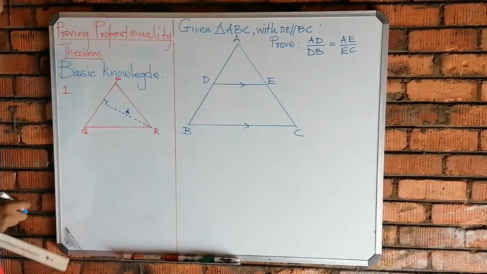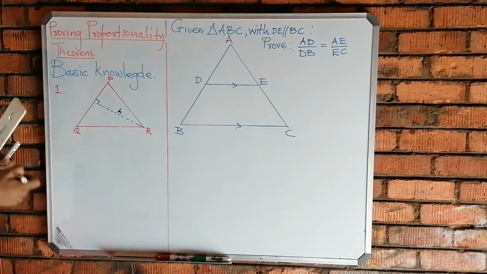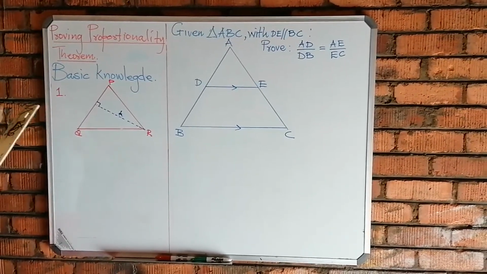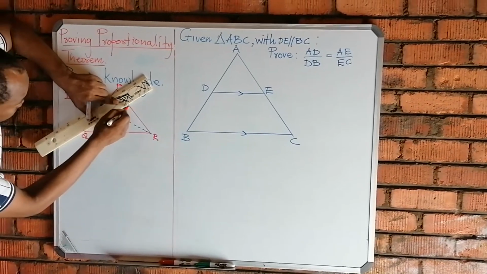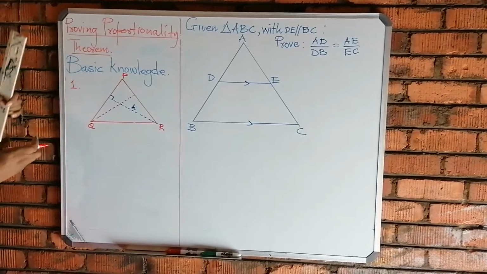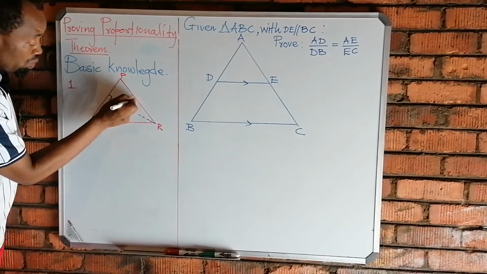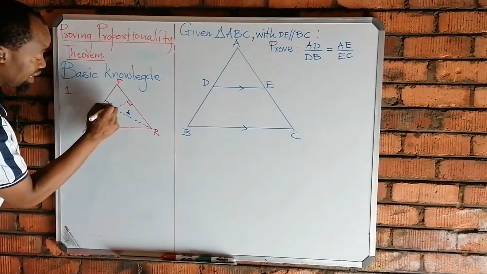There's height K perpendicular to PQ. Then I'm going to draw height H from the vertex Q, which is perpendicular to the base PR.